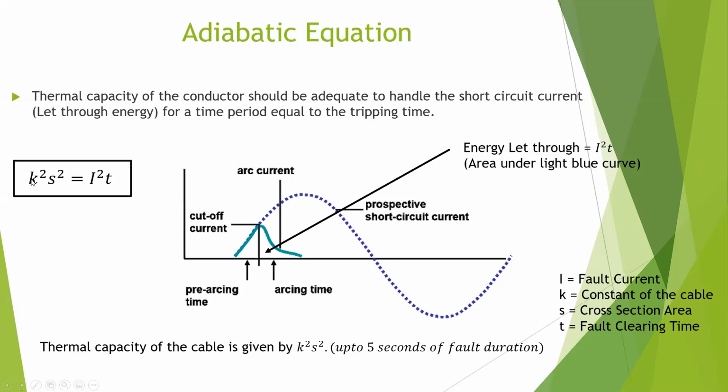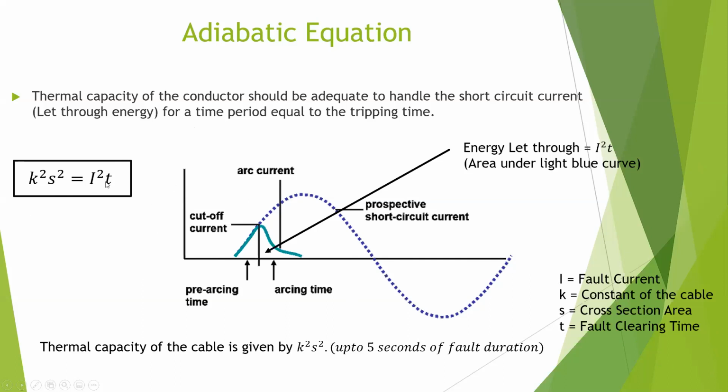This equation is only valid up to 5 seconds. After 5 seconds, we can't use this equation. But our tripping times are way less than 5 seconds. Usually they are within 1 second. I have included the terminology here.